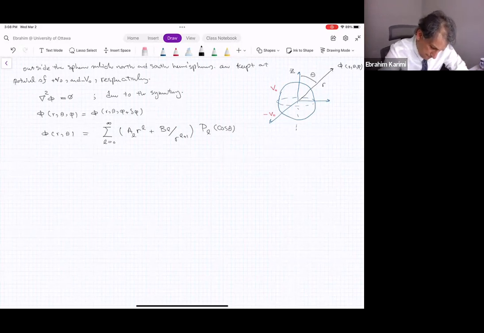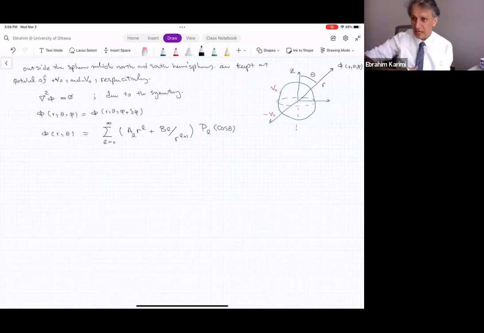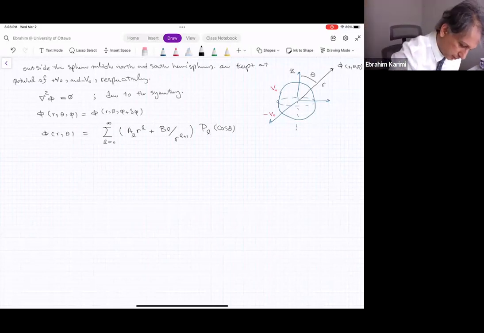Now, that's the potential. What are the boundary conditions? One is at infinity, the other one is at the surface of the sphere. So we have two boundary conditions, so two regions essentially: r goes to infinity, and r tends to a, which is the radius of the sphere.